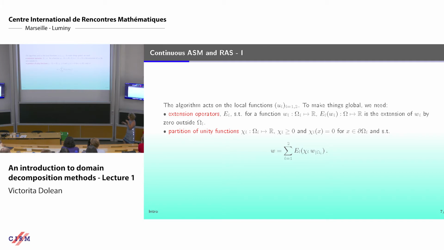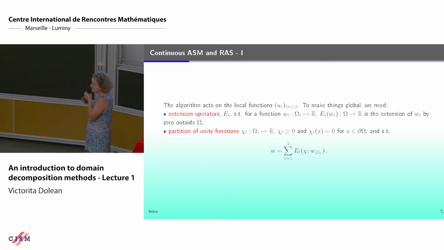Here, these are very, very important objects that you will meet also in more sophisticated methods. The second object is partition of unity functions. As the name shows, they are defined on local domains, they are positive, they are 0 on the boundary, and if you apply these partition of unity functions to a local function and then extend, the sum will be simply the global function, which is a very simple idea.